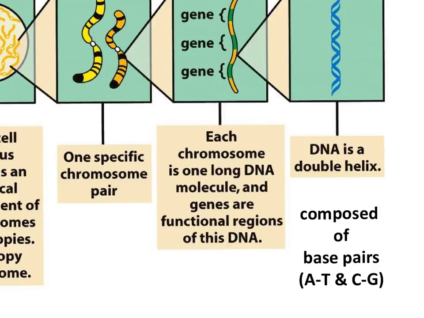There's 4 of them. A is adenine, T is thymine, C goes with G, that's cytosine and guanine. There are no other base pairs, there's just 4. And if you get 3 of those nucleotides together, like A, C, C, you end up with what's called an amino acid. And what do amino acids make? Proteins, exactly.